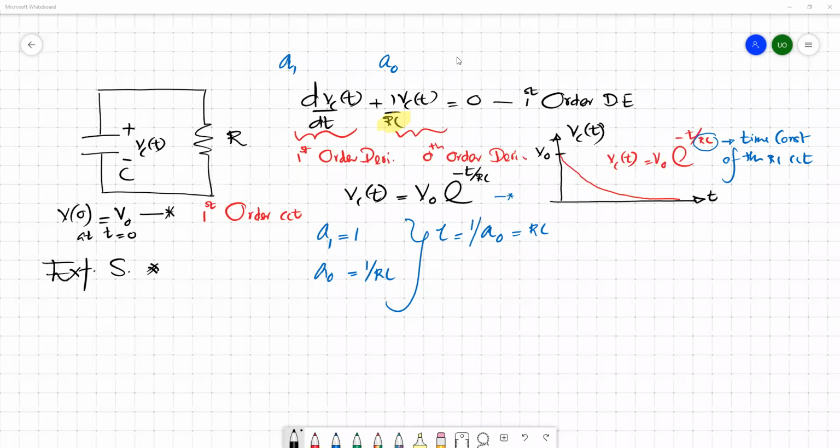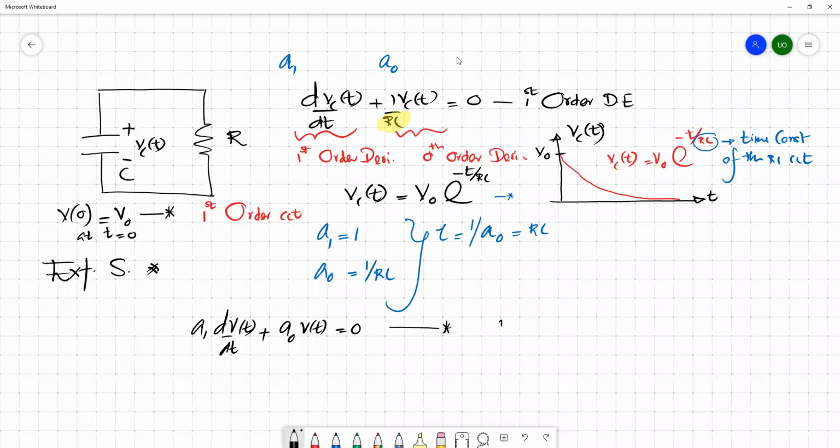Okay, so now we can rewrite this differential equation. It's like a1 dv(t)/dt plus a0 v(t) equals 0. This is the generic equation for a first order system.